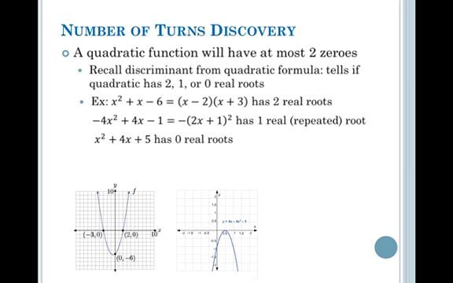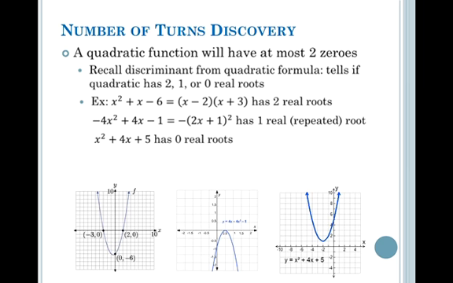Our last example is x squared plus 4x plus 5. This actually has no real roots. It would have two imaginary roots, but if you graphed it, you would see that the quadratic doesn't cross the x-axis anywhere, so there are no real zeros. In general, if we think about the maximum number of turns for any quadratic, the maximum number is going to be 1.